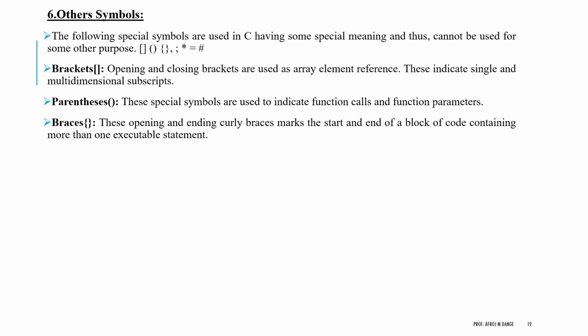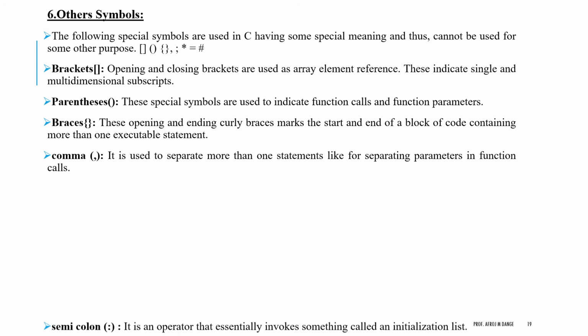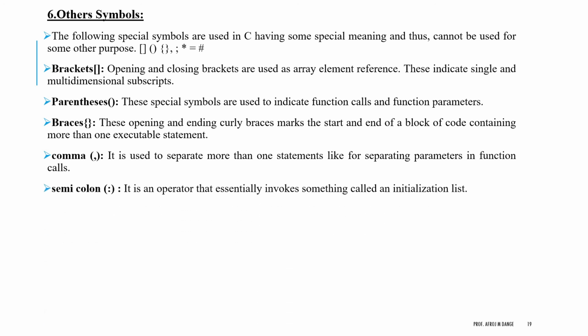Braces. These opening and closing curly braces mark the start and end of a block of code containing more than one executable statement. Comma. It is used to separate more than one item, like separating parameters in function calls. Semicolon. It is used to terminate a statement.